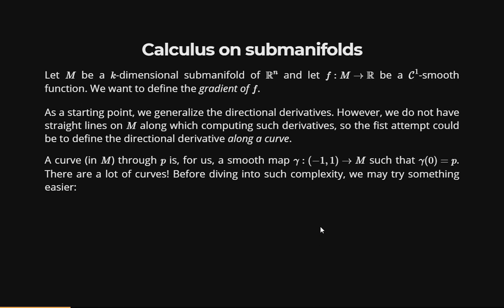Weird, but allowed. In R2, straight lines through the origin you can parameterize easily. If you take a sphere and a point, curves through that point are a lot. And it's not easy to work with them.